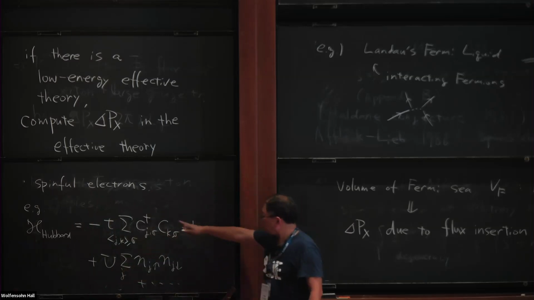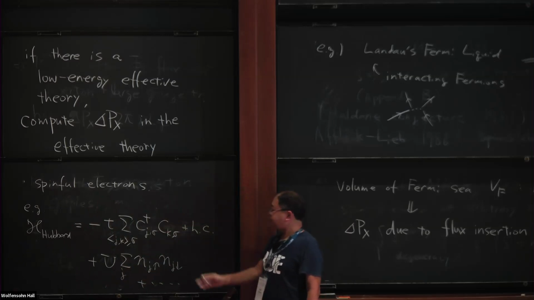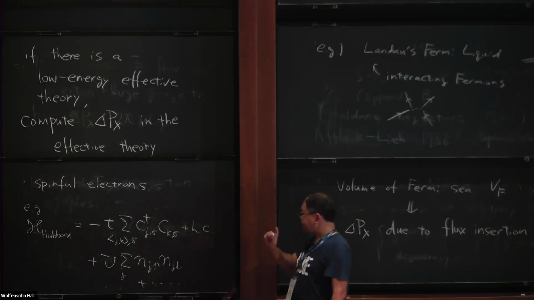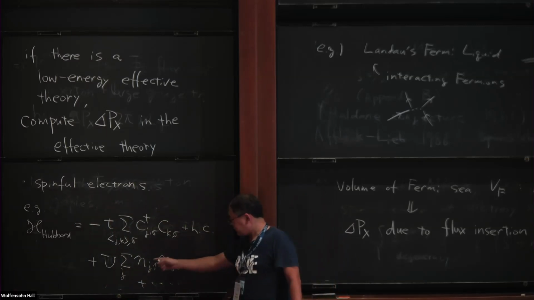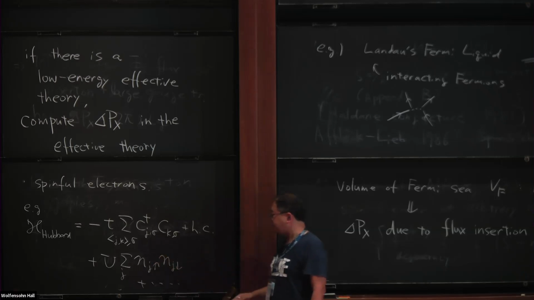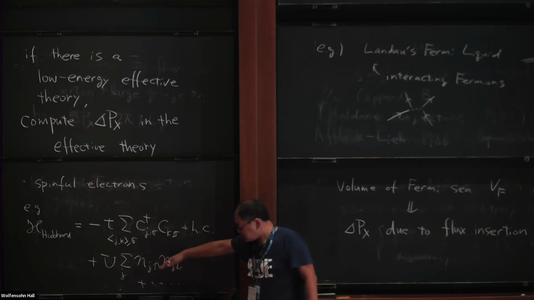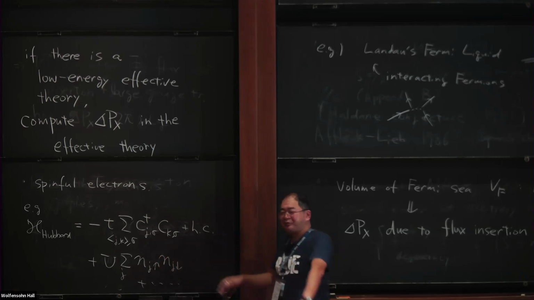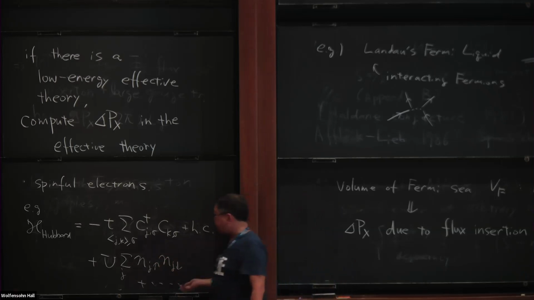So the hopping, so the up-spin electron hops to a neighboring site, preserving the spin. And there's an on-site interaction between the up-spin electron and the down-spin electron. And you can also include more complicated interactions if you like.